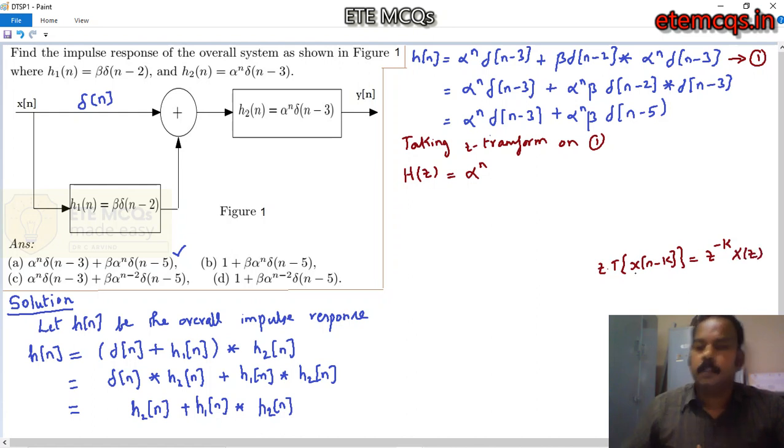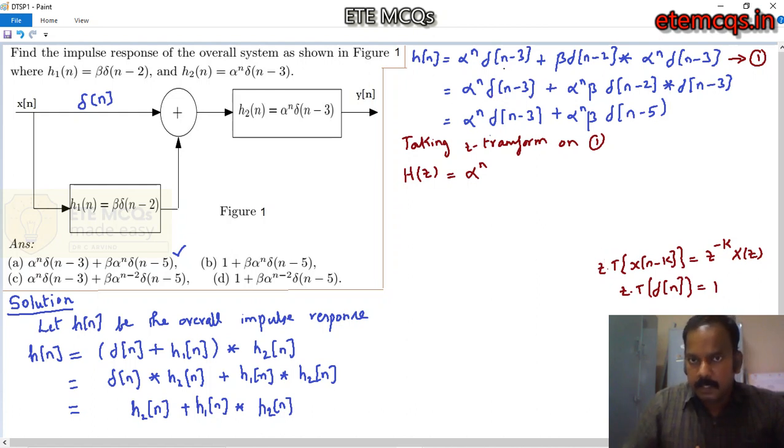This is your time shifting property. Based on time shifting property, this is what we have. If you just apply it over here, we know that Z transform of del of n is equal to 1. We know this. You just apply it over here.